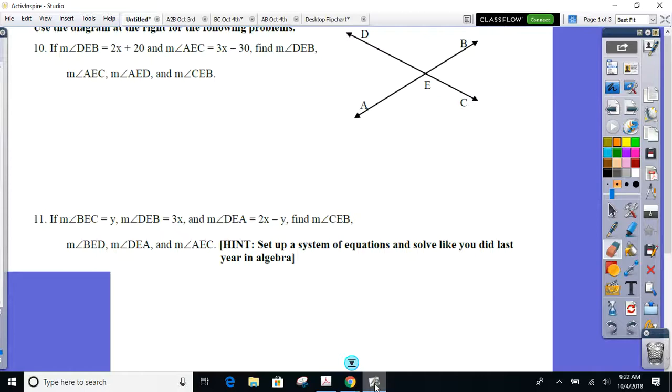Number 9, FKJ is 40, FKG is 40, GKH is 100, JKI 140. Number 10, AEC 120, AED 60, and CEB is also 60.